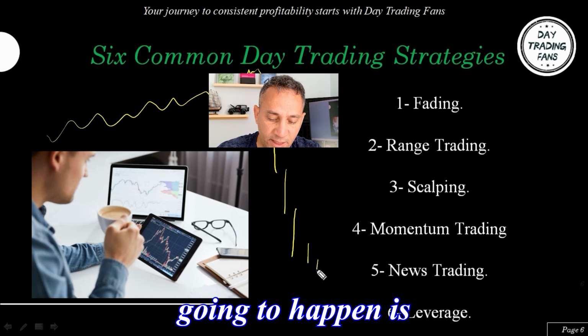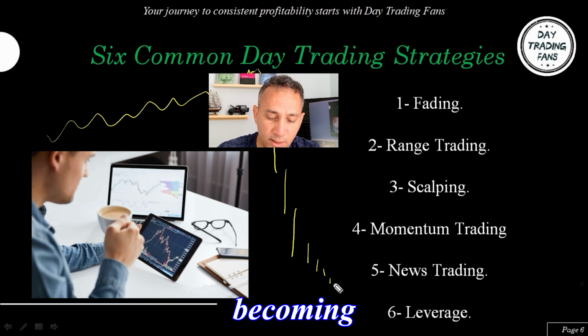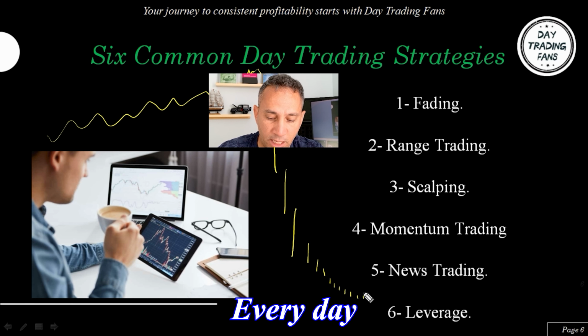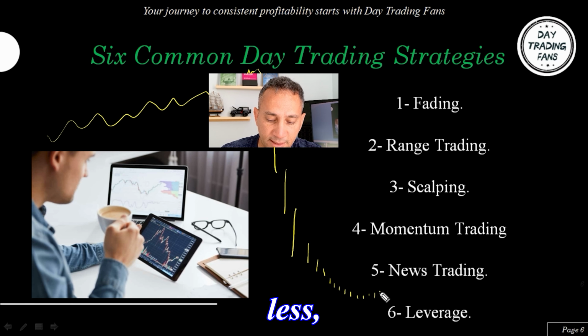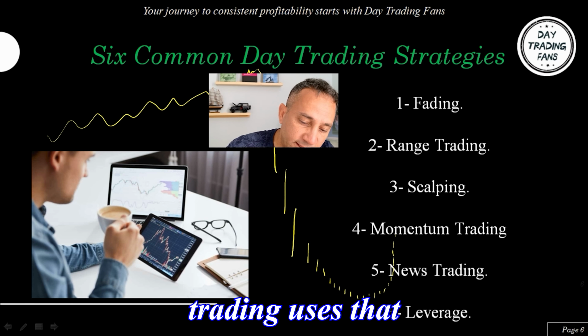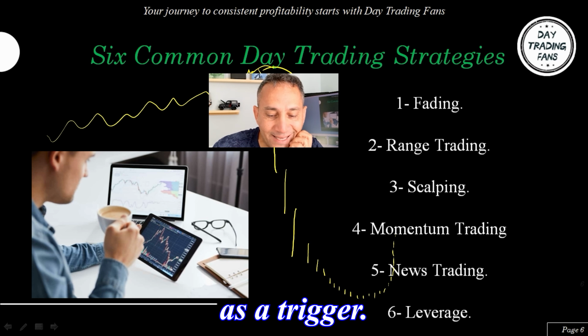And what's going to happen is the market is going to start becoming very narrow in losses every day. Let's say these candles are daily. Every day is going to be a lot less, and then it's going to start going back up again. So momentum trading uses that momentum as a trigger.